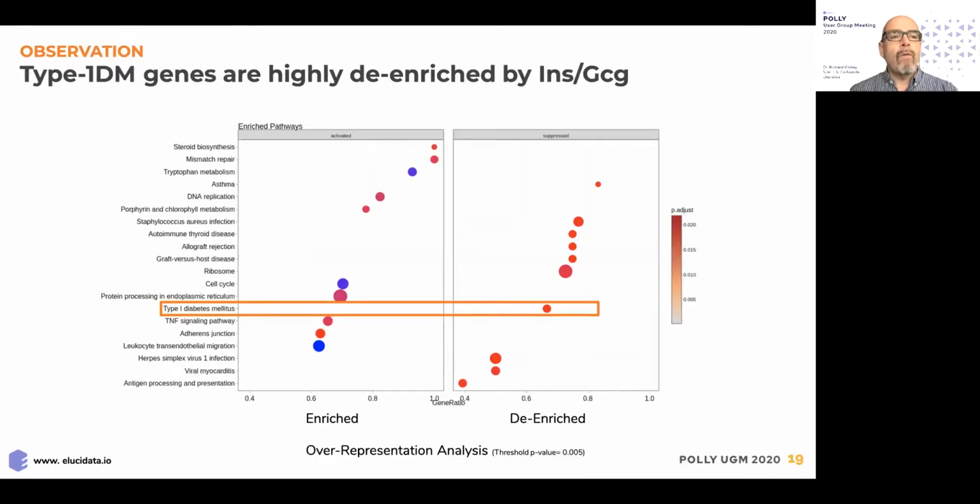Now, if we look for the representation of a number of different genes as it correlates with the insulin to glucagon expression, even though we're looking across the whole pancreas, the power of having this many individuals to refine our data stands out, and it shows that type 1 diabetes is being identified as being suppressed in that group. Again, these are supposedly normal people.